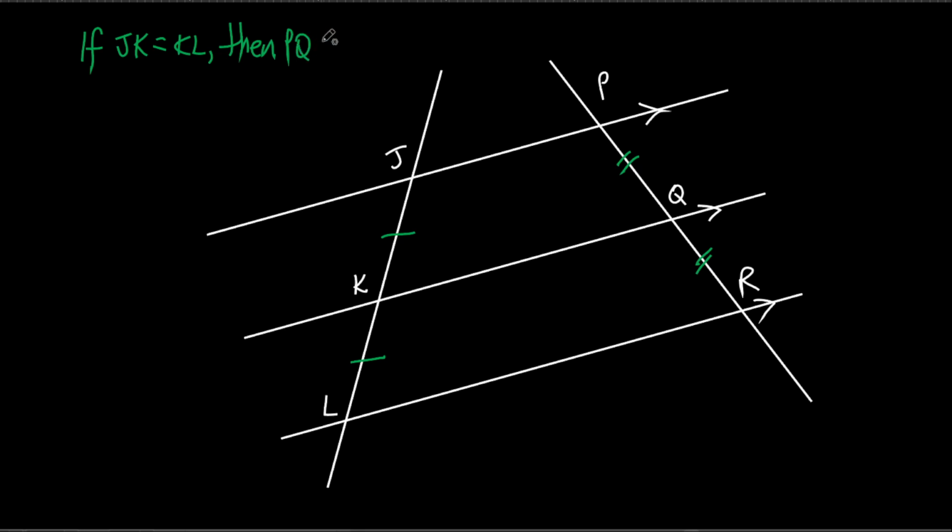Then PQ must equal what? QR. Okay? That's really important. So if I told you that this was 3 and this was 3 and this was 5, and I asked you to solve for X, finding QR, it would be 5. That's it. It's really simple.